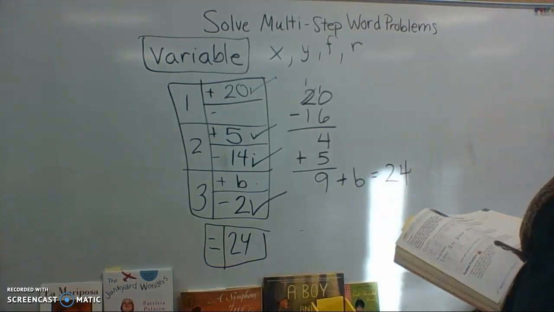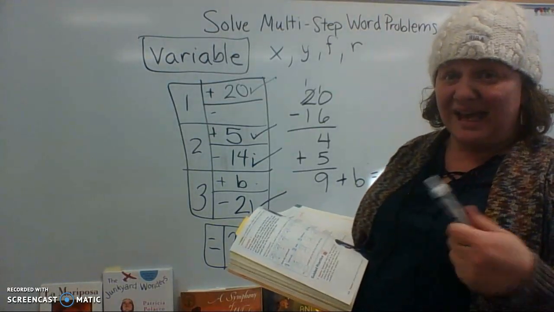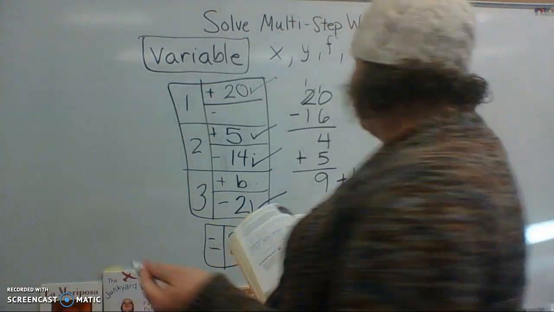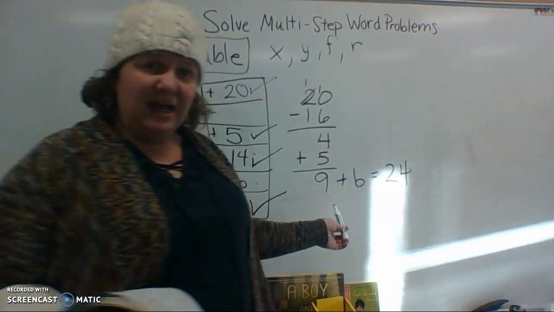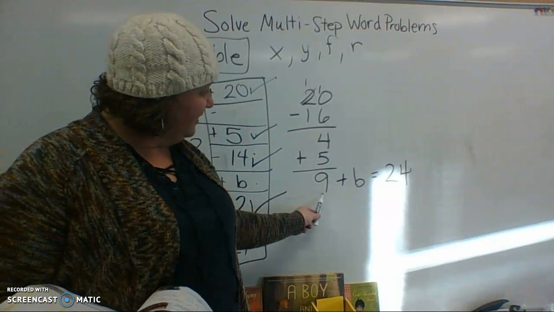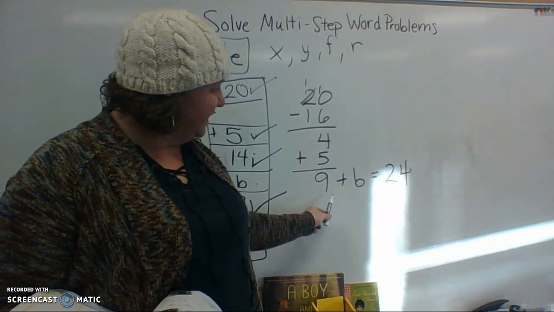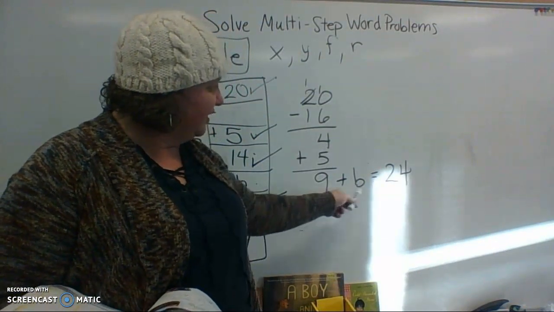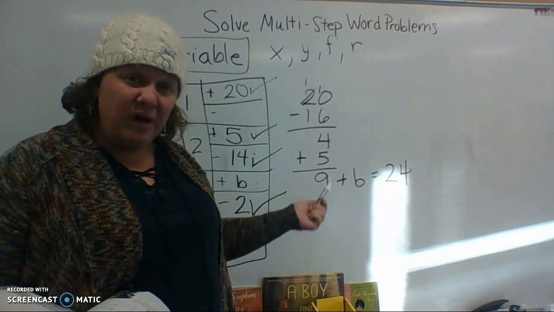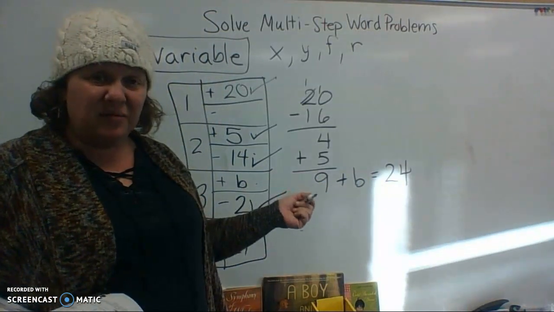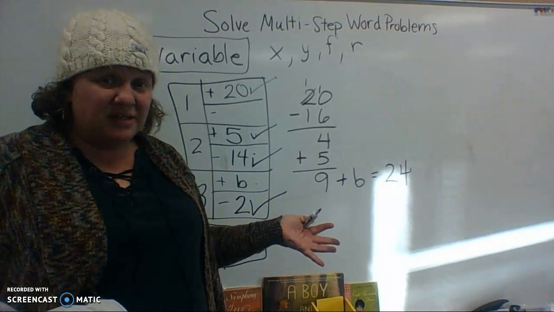Okay, well, we know from our fact families that addition and subtraction kind of work together. So if you're adding these two together to equal 24, we know because of our fact families that we can subtract to do the opposite.